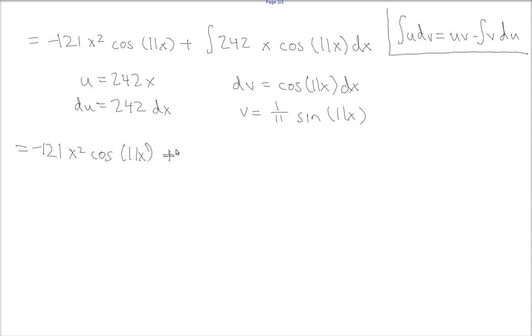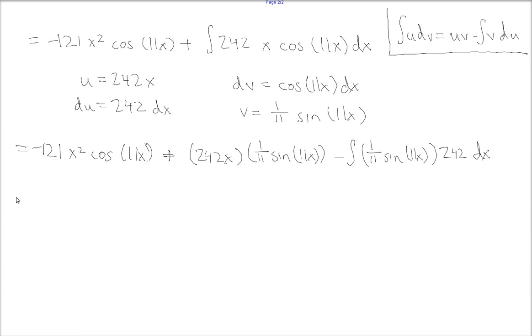So I'm going to have u times v, where u is 242x and v is 1/11 sine of 11x, minus the integral of v du. V is 1/11 sine 11x, and du is 242 dx.